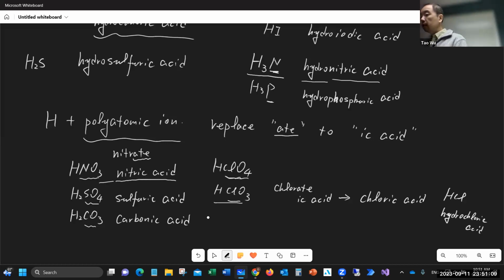Although this one is called perchlorate and has a prefix, generally the reading is the same. It's still ending with ATE, just like chlorate. So you're still changing the ATE to ic acid. So this is called perchloric acid. As long as the ending is ATE, you just replace the ATE with ic acid.